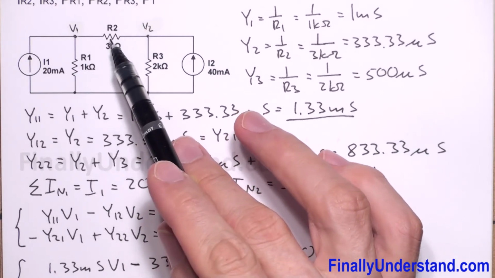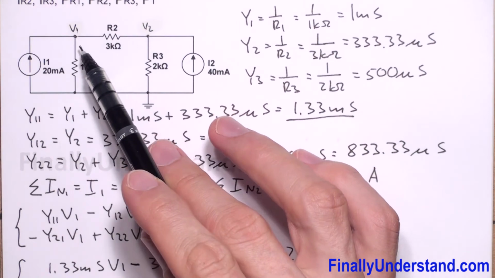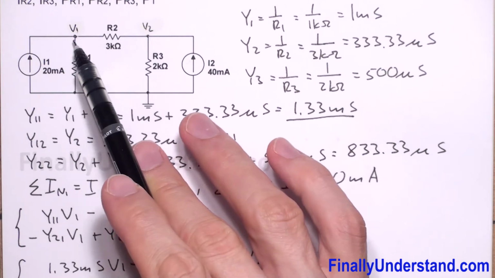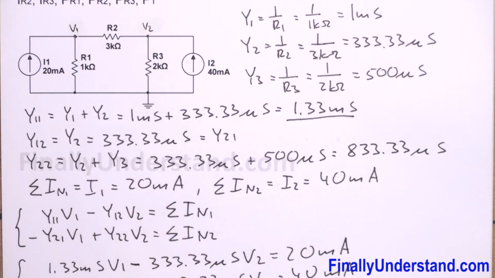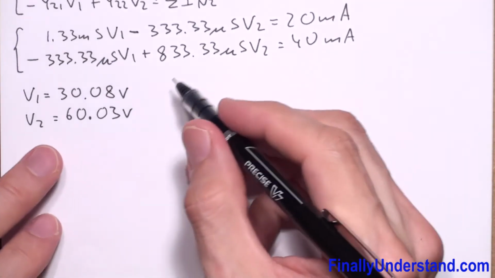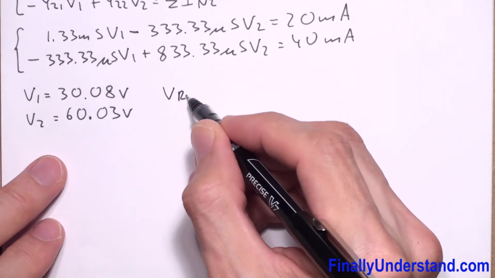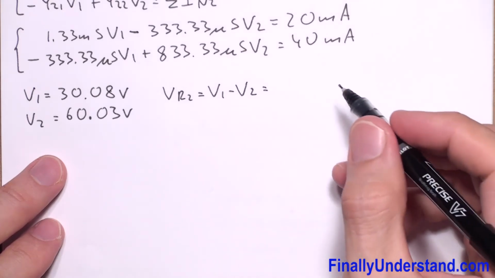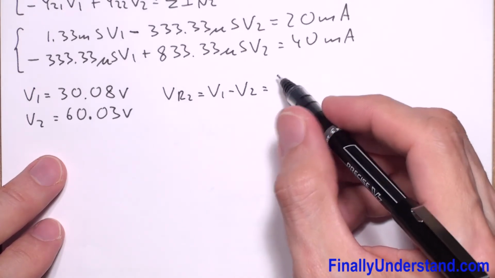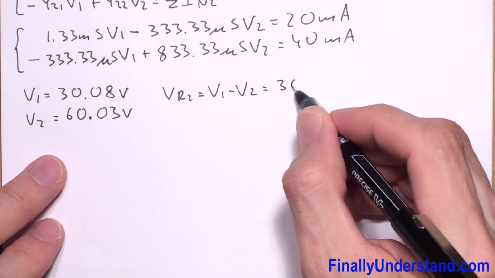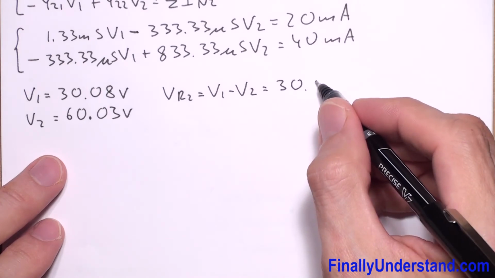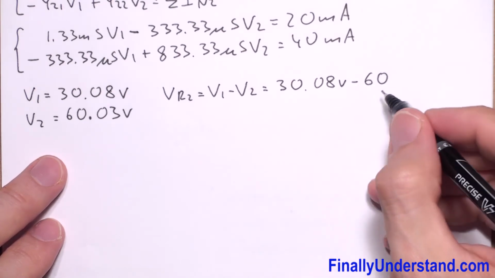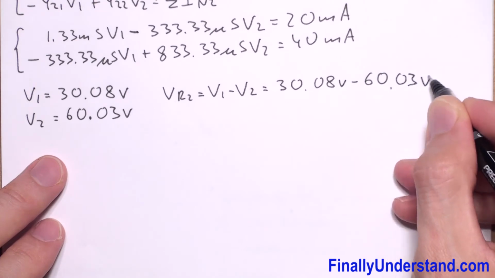Voltage across the resistor R2 is simply the voltage equal to the difference of the voltages, V1 and V2. So I'm going to write this over here. VR2 is equal V1 minus V2, where V1 is equal 30.08 volts minus 60.03 volts.